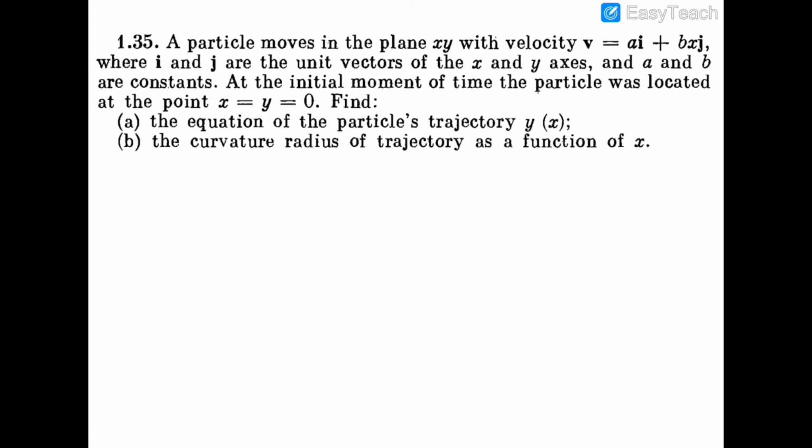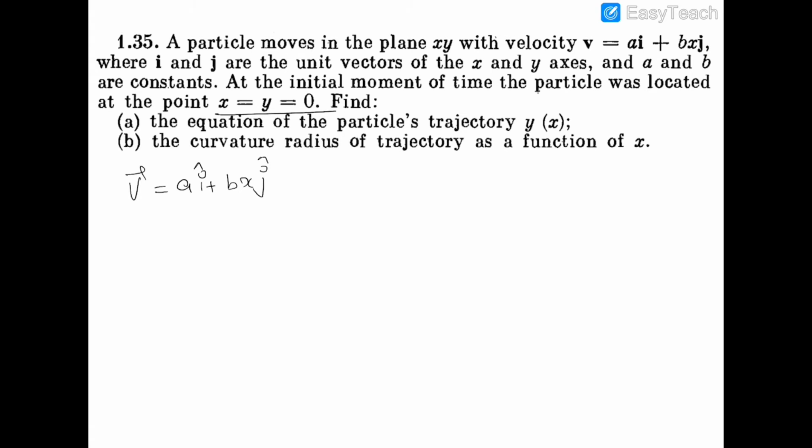In this question, you can see that a particle is moving in such a way that its velocity is given by a i cap plus bx j cap, where x and y are the coordinate axes and a and b are constants, and at the initial moment the particle was located at the origin.